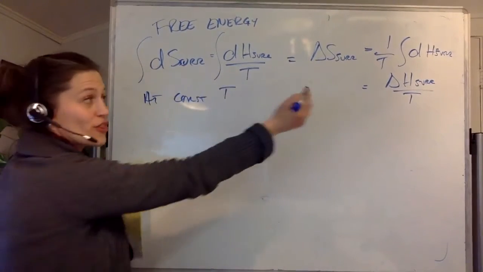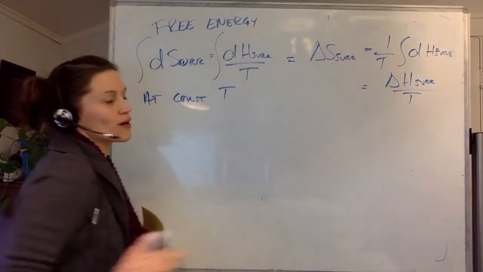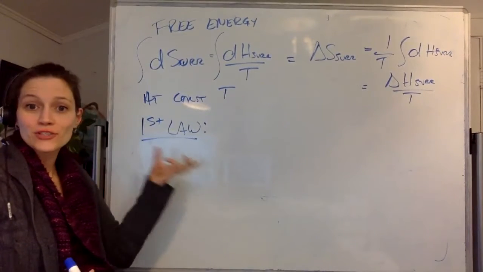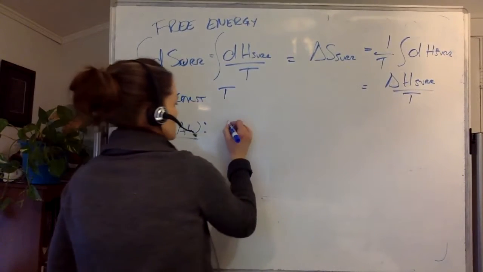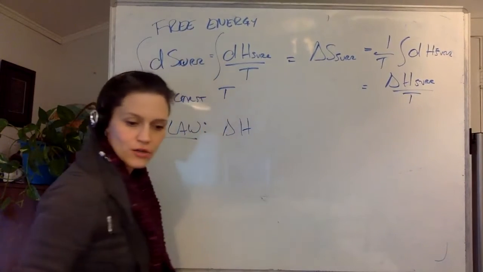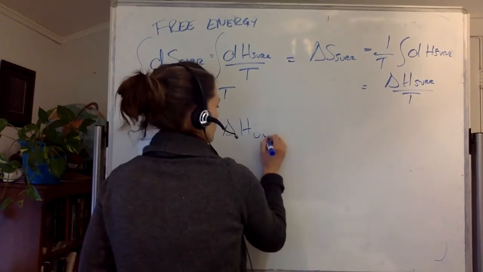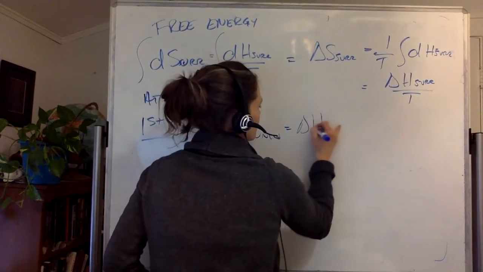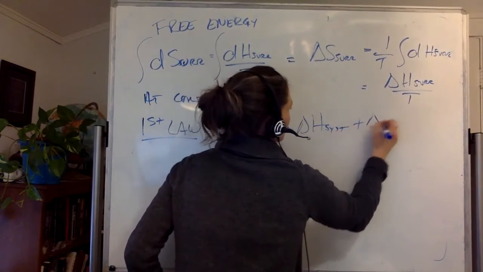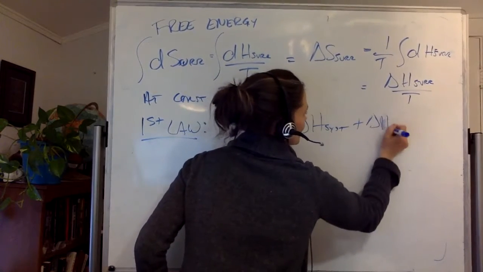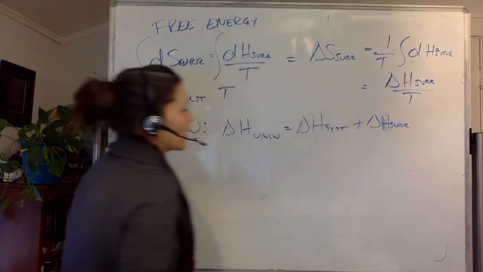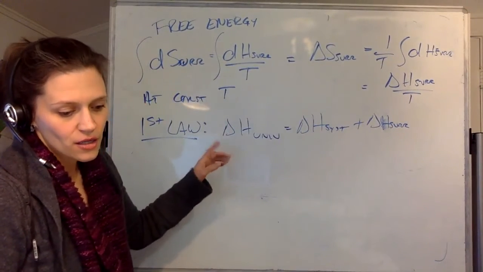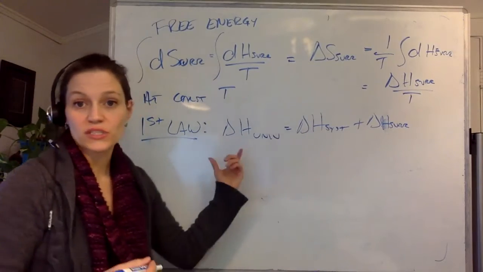Okay, so we're going to start with this and then explore. And we need the first law of thermo to explore this. So delta H of my universe is equal to delta H of my system plus delta H of my surroundings. Okay, so based off the first law, this is going to be equal to 0.